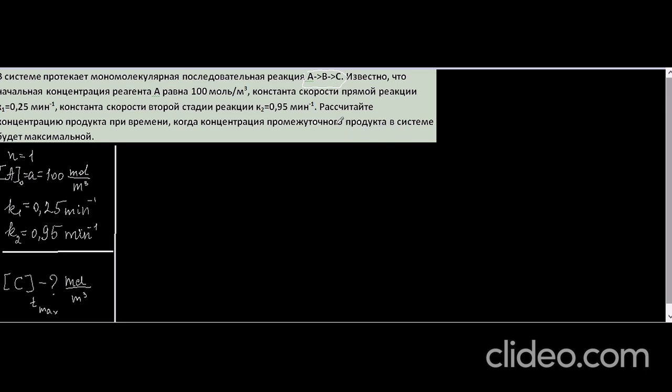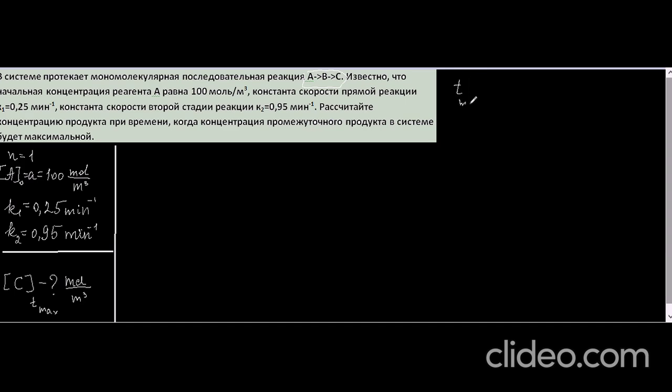They say that we are supposed to calculate the concentration of product C at the time when the concentration of the intermediate is the largest, and we know the formula.